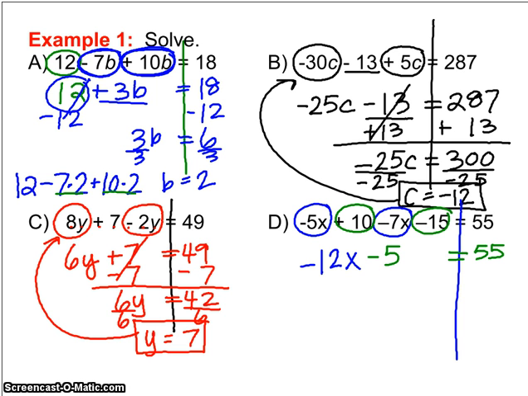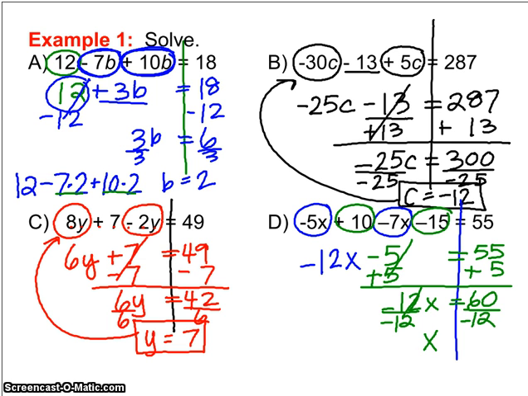And let's go. Here, x is being multiplied by -12. We're also subtracting 5 from it, so I'm going to do the inverse of subtraction first, which would be to add 5 to both sides. And I'm left with -12x equals 60. X is being multiplied by -12, so I need to now divide by -12.